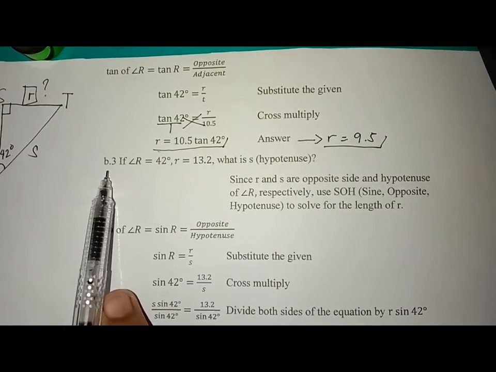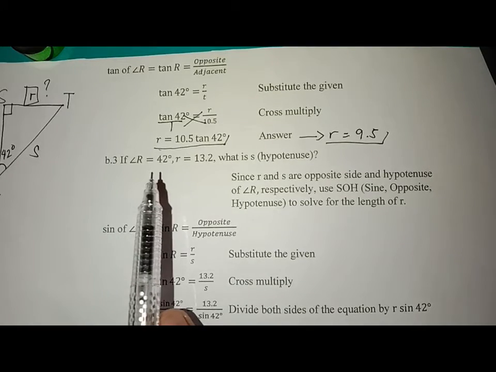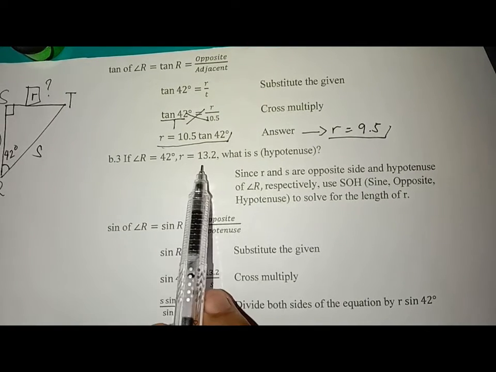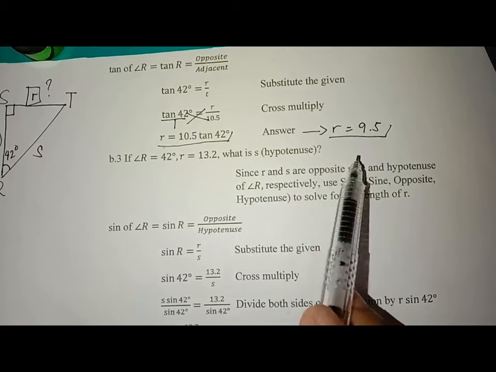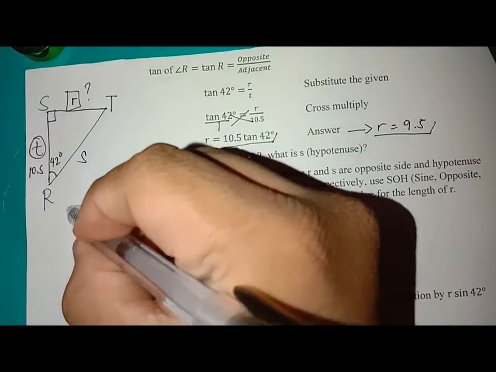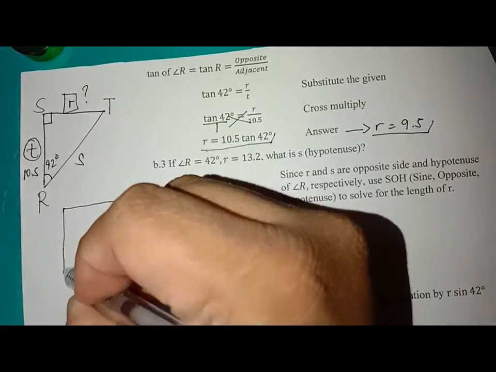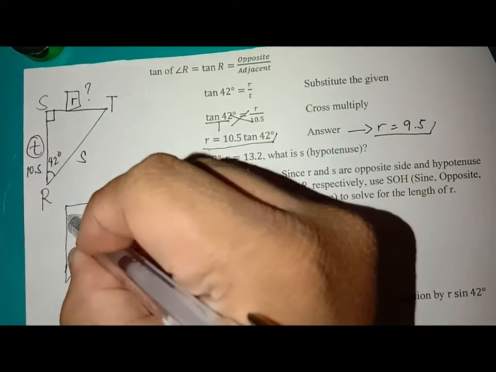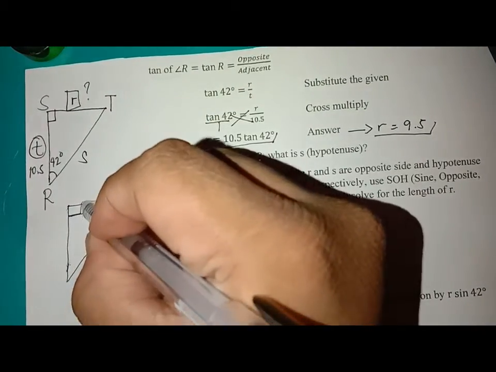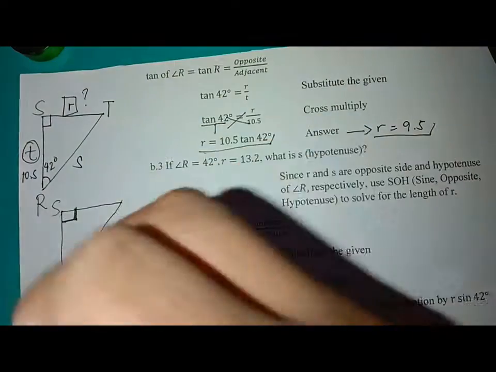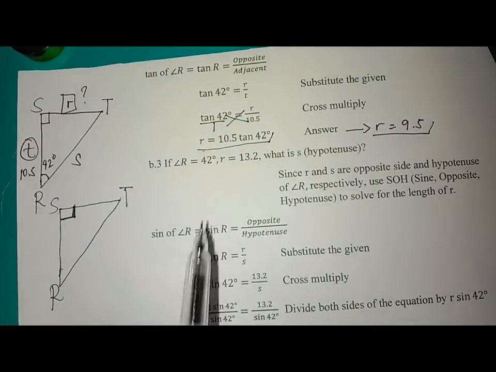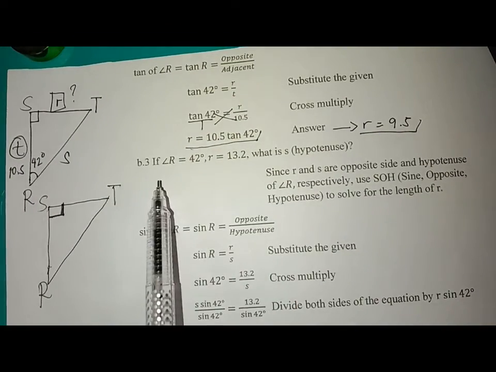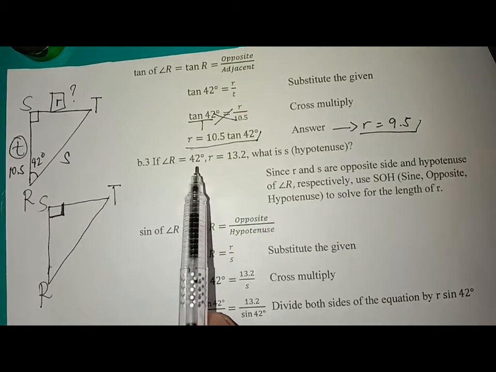Let's have B3. If angle R equals 42 degrees, R is 13.2, then what is S, or the hypotenuse? Let's draw another one. Same figure: S R T. The problem says that angle R is 42 degrees.